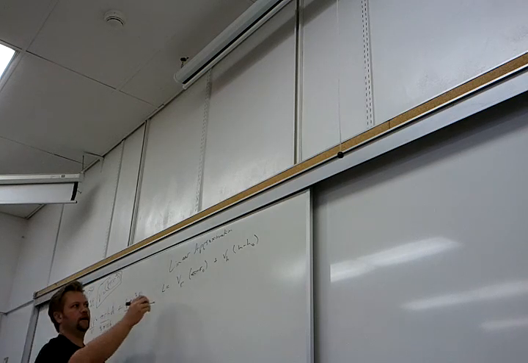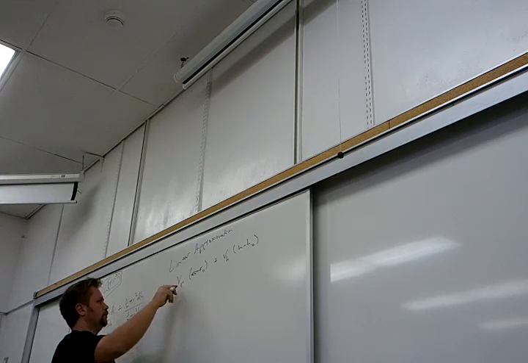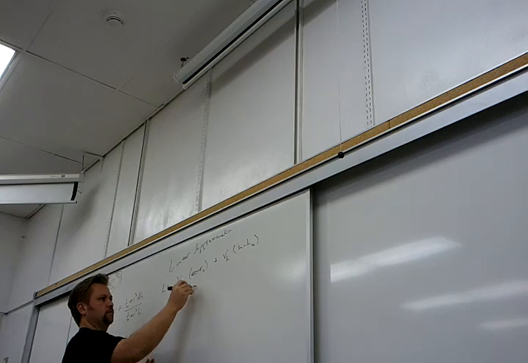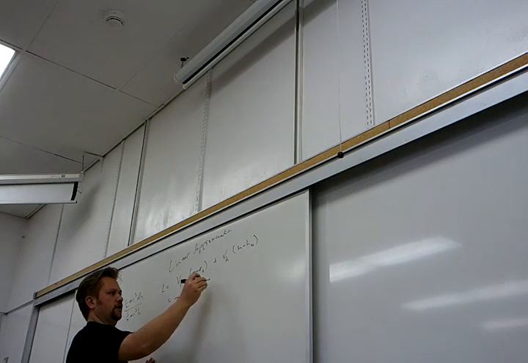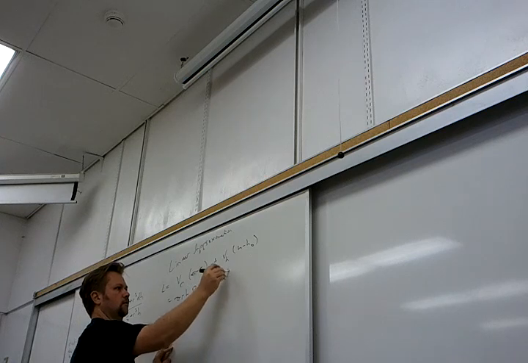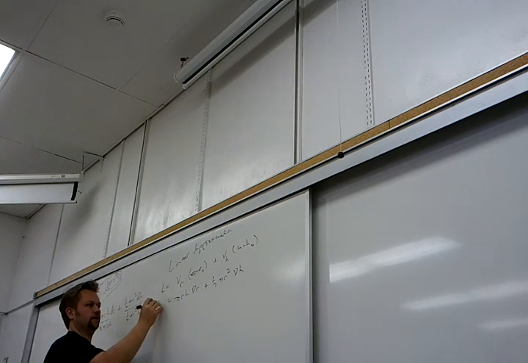And then you've got your V_r times delta r, plus your V_h times delta h.